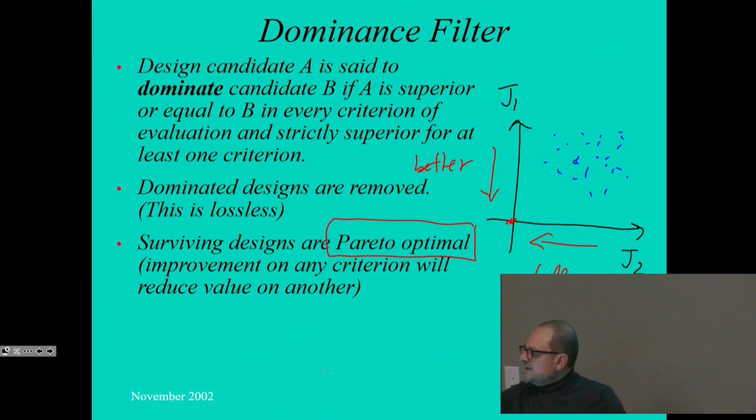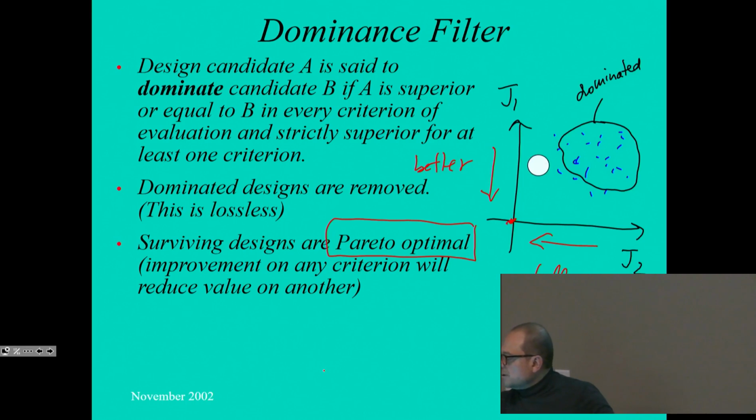So when you look at this, what do you find? What you'll find is that there is going to be a region where these are dominated designs, because you can find designs that are going to be better than them. I want to erase one point here. There you go. On the other hand, these points here create what we call a Pareto curve or Pareto front.